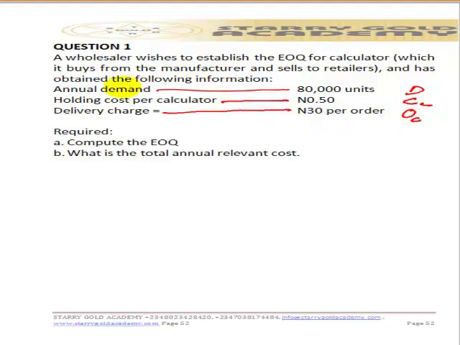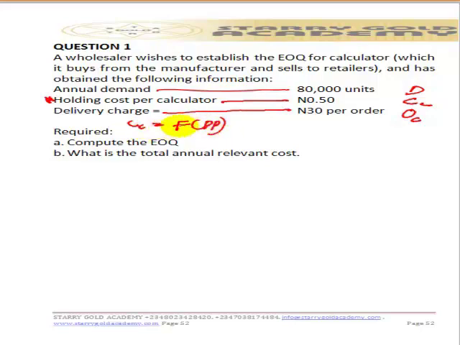Now it is important to emphasize at this point that sometimes the carrying cost or holding cost, as it is also known, may not be given in values. The examiner may provide this in percentage. So where carrying cost is given in percentage, it should be taken as a function of the purchase price.